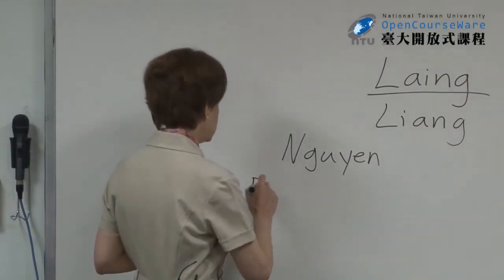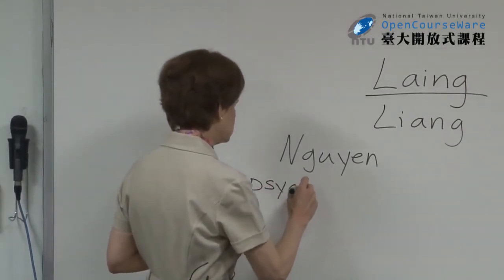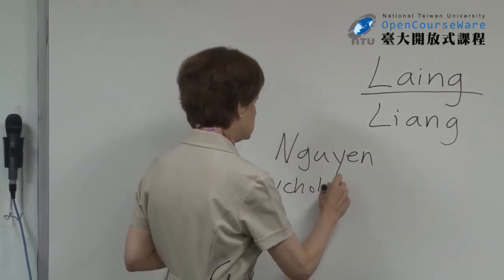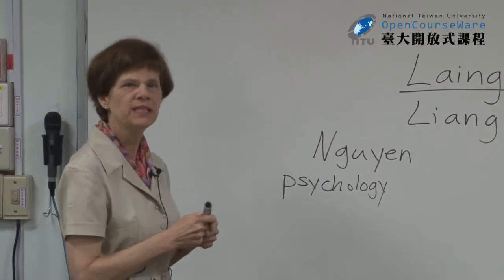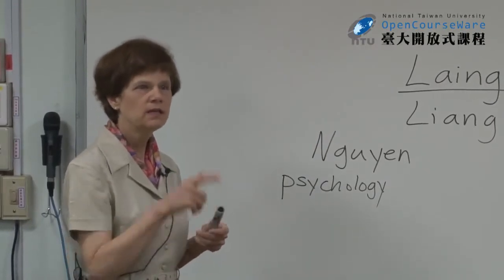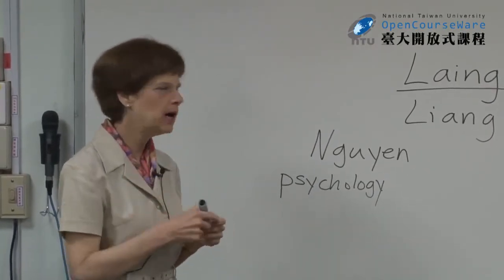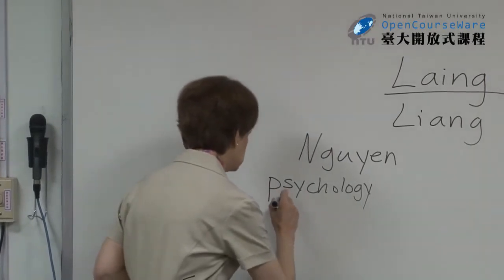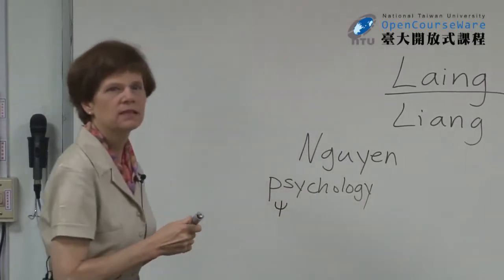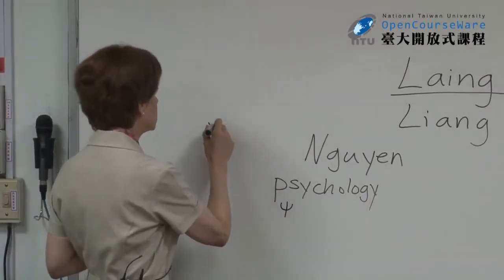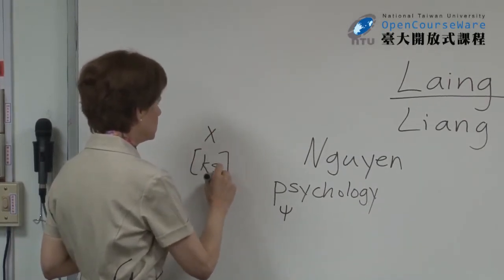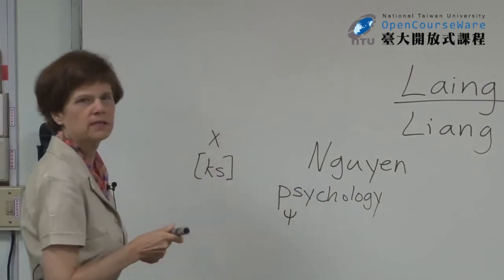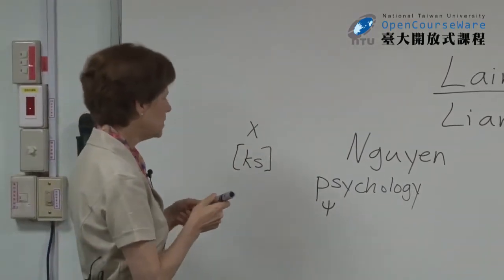Or for psychology, they really do say the P in Greek. There's a letter psi in Greek. There's a single symbol for it, this one. That's Psi. Just like we have X in English. X has got the sound of two consonants. X, x. But Greek has another one.